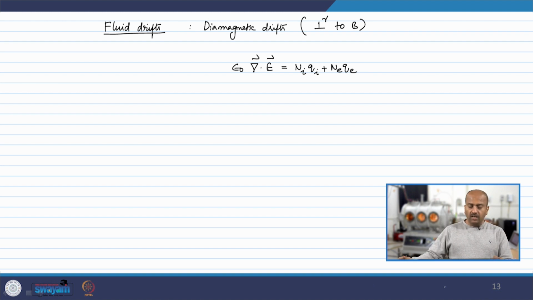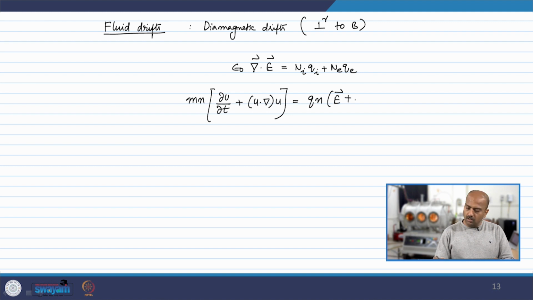We consider a collisionless plasma and the momentum equation can be written as mn (dou u by dou t plus u dot del times u) is qn (E plus u cross B) minus del P. N is the number of particles per unit volume and m is the mass of the particles, so mn can be the density rho.